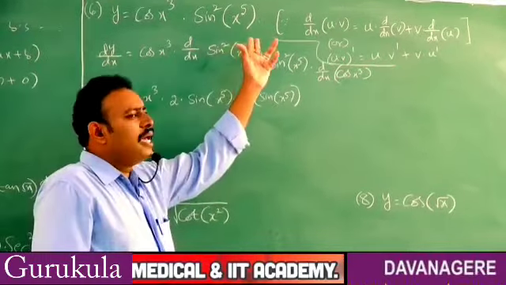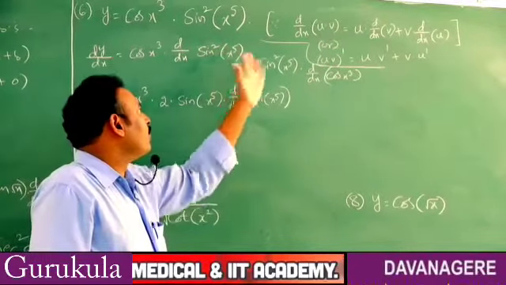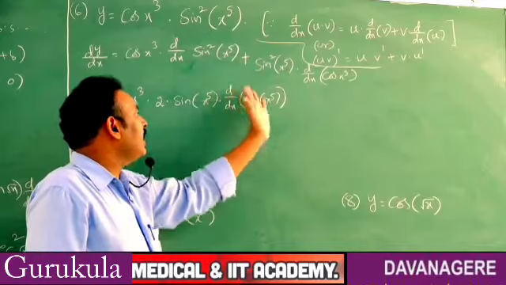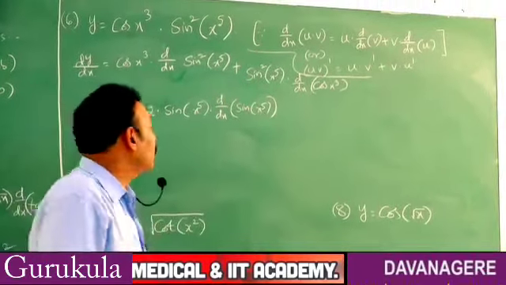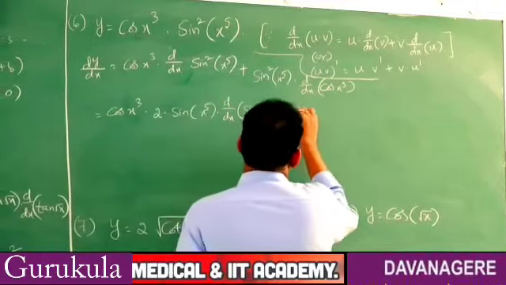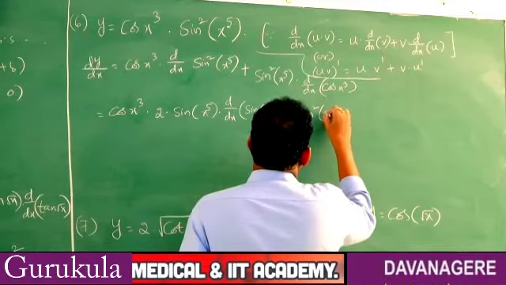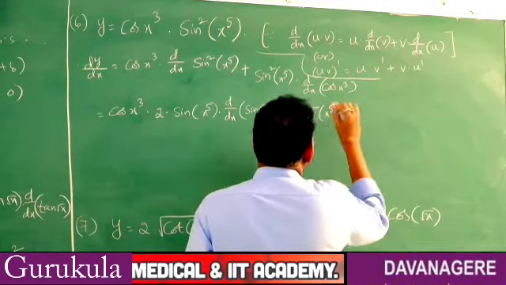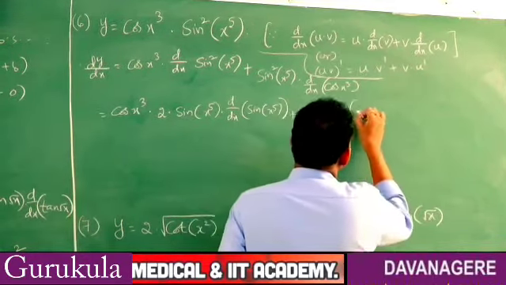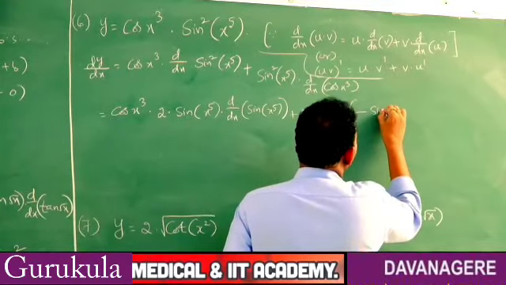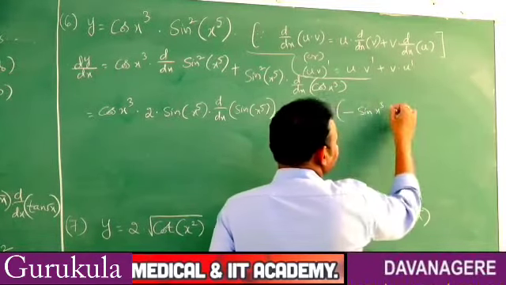N into x to the power of n minus 1, derivative of sine x is cos.